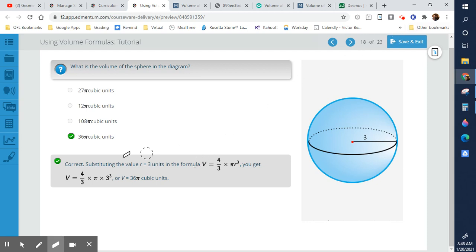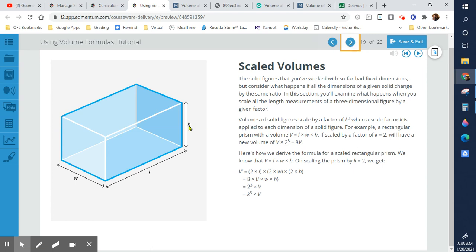All right, so let's get on to the next question. So scaled values. This is the idea of you multiplying it by something to make it smaller. We've actually kind of been doing this before. We just haven't really called it anything.